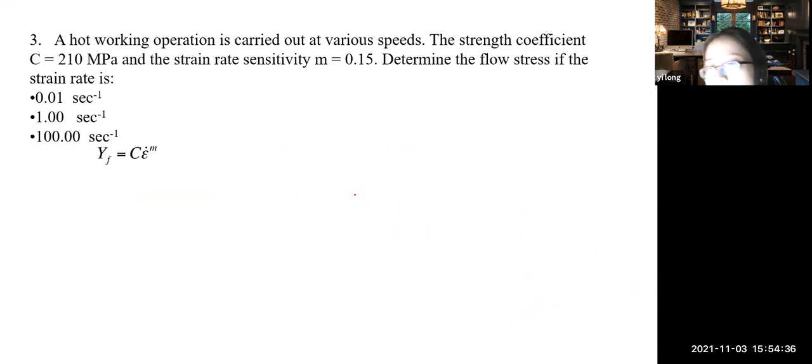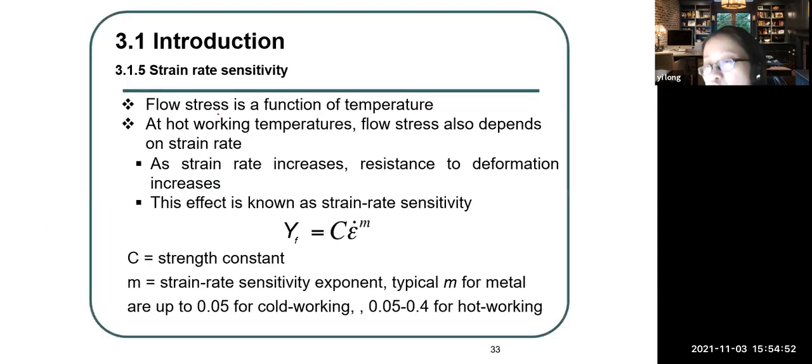A hot working operation is carried out at various speeds. If the coefficient is this and the sensitivity is this, determine the flow stress if the strain rate is this. Okay, so this is the equation. The flow stress is not only a function of strain hardening, it is also a function of temperature, and also a function of the strain rate.